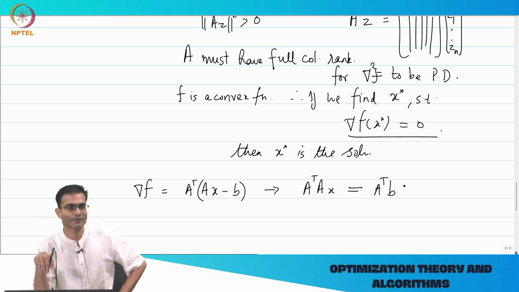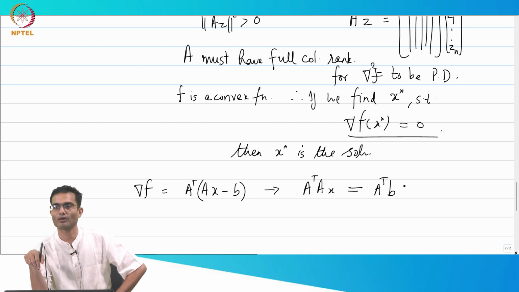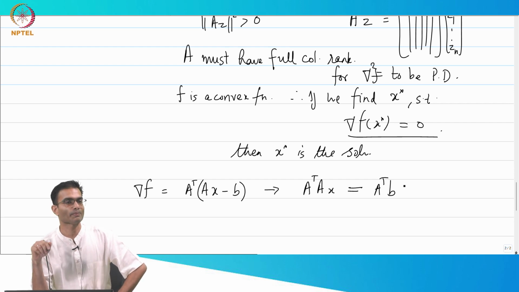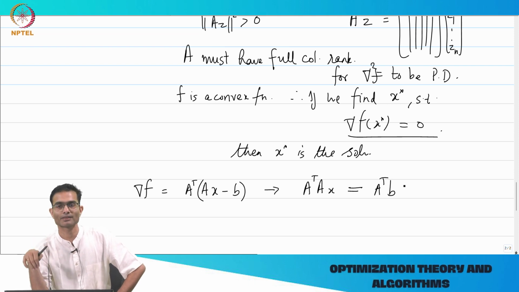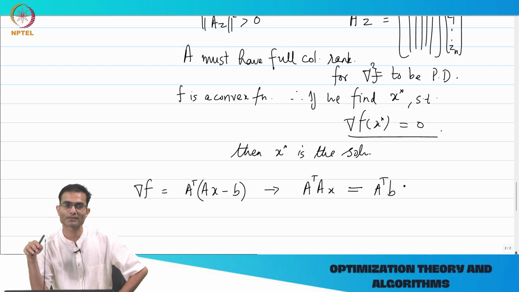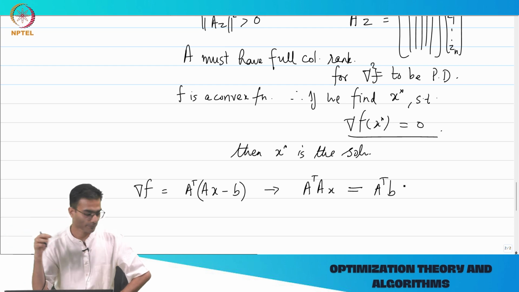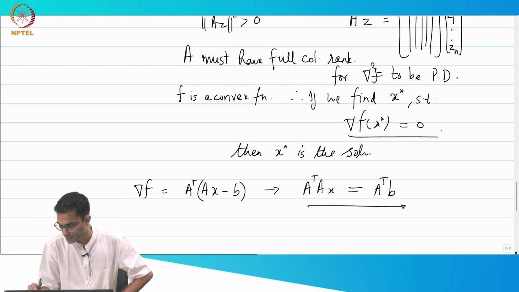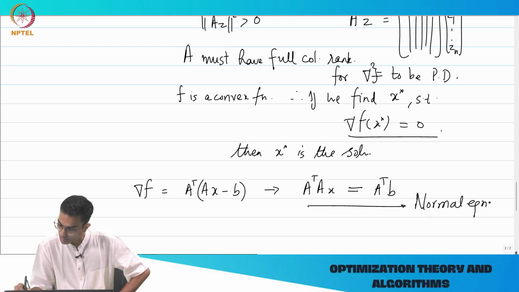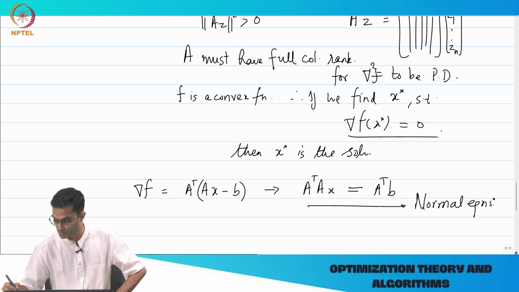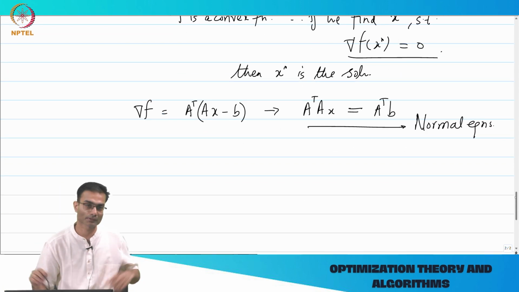We have seen this kind of equation before, and we have made one comment about this saying that this has bad condition number because there's a transpose into A. If A has condition number kappa, A transpose A has condition number kappa squared. Okay. These equations are also called the normal equations. Don't ask me why they're called normal. I don't know what is normal about them, but they're called normal equations in the literature.